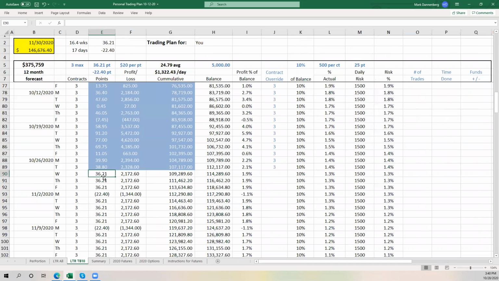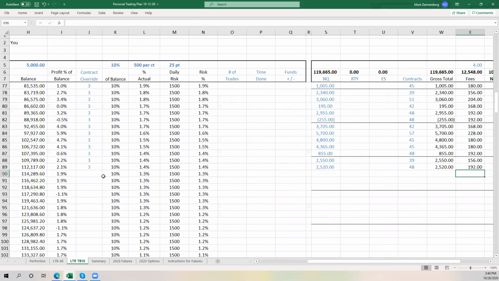All right, so on our 7 to 4 category, we actually finished the day positive 14.75 points, so 14.75 times $20 a point, and we're trading 3 contracts. We've scaled up to 3 contracts, so $885 positive, and 15 trades at 3 contracts per trade, so 45 contracts.